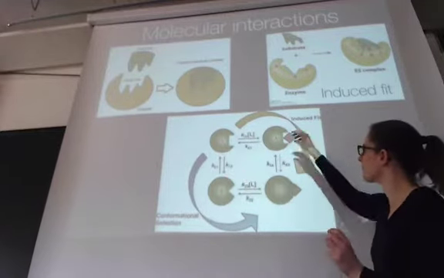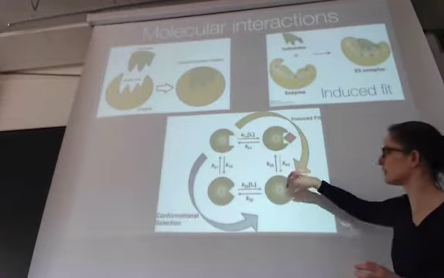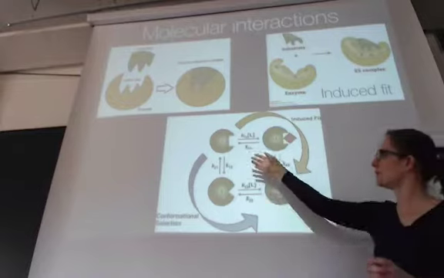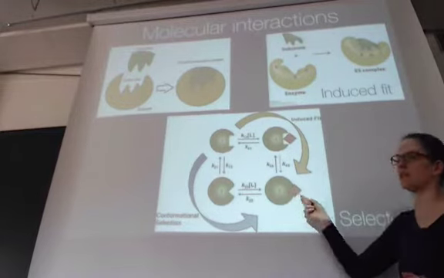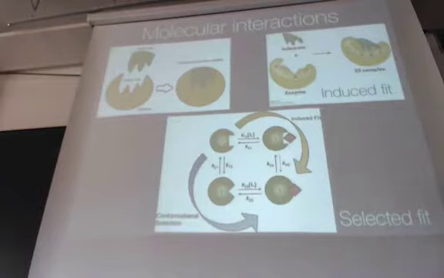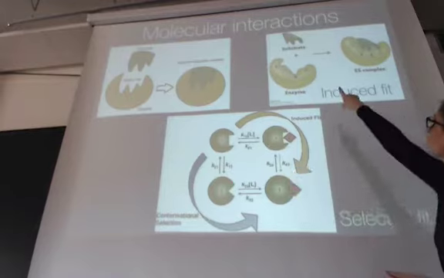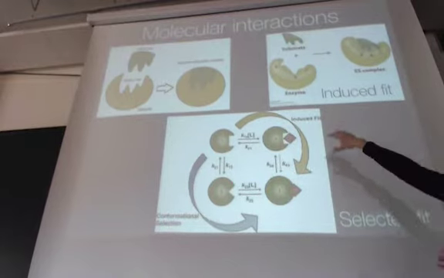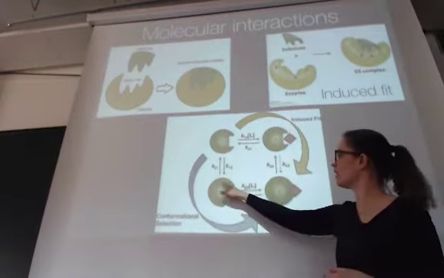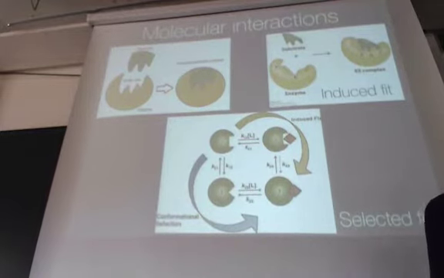And when a ligand comes, it will just shift the equilibrium towards the more fitting type of thing. This is called selected fit. So it's kind of an intermediate model where you don't go only that way, like induced fit would tell you, but also you get a population of proteins in the right conformation already in the absence of it.